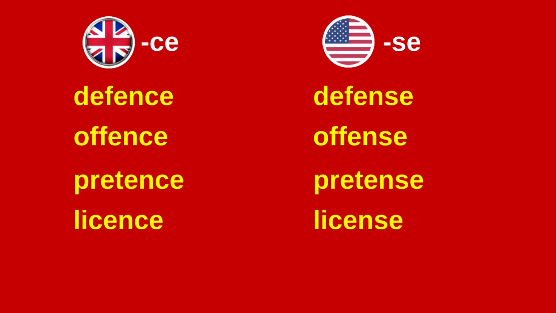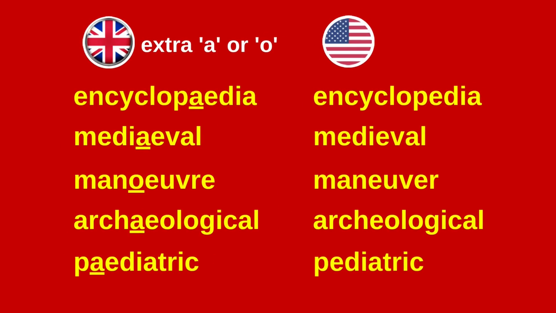In the next set you find CE in British English and SE in American English. Defense, offense, pretense, and license. We have another set of words where we find an extra letter in British English, while in American English you don't find that letter. In this list you find letter A or O in British English, but in American English that letter is removed.